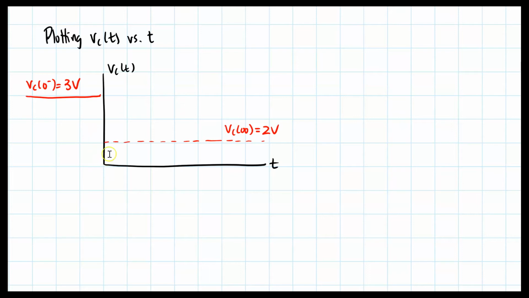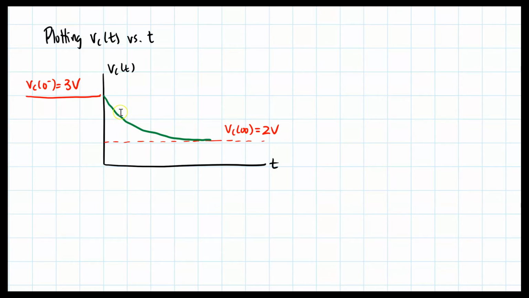So at t equal to 0, there's a sudden change in how the voltage is behaving here, and now we look at the transient behavior as the capacitor goes from 3 volts to 2 volts. And from Physics 4B, you know that a capacitor is charging up exponentially or discharging exponentially, but that's not important right now, but this is the shape that we should see in PSpice.